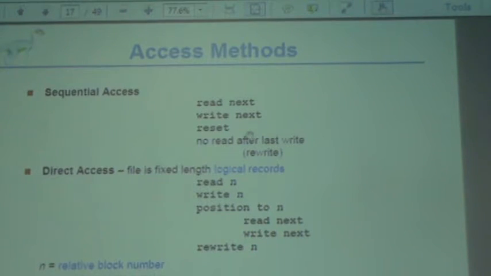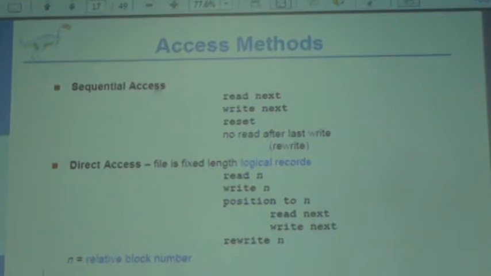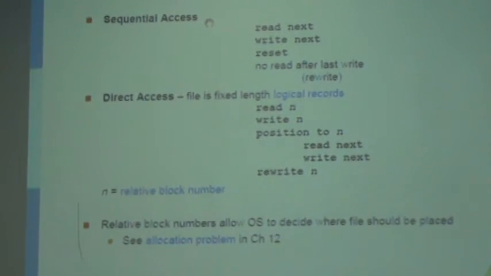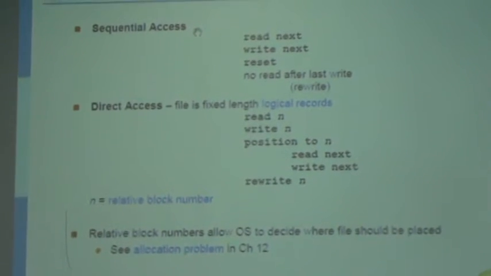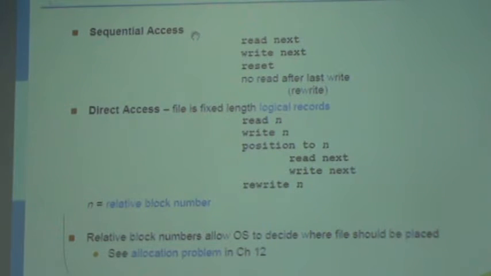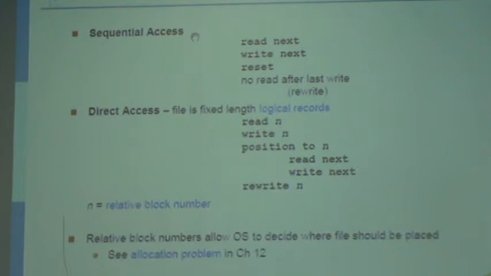In this sequential access, the data will be stored in order. So we will use operations like read next. Because it's stored sequentially, we will just read next until the end of the file.